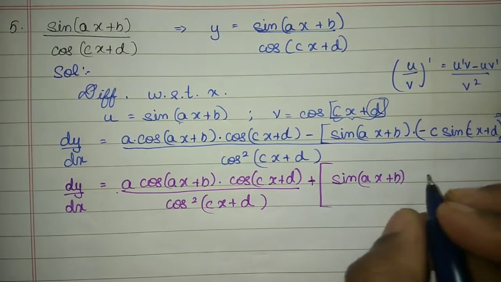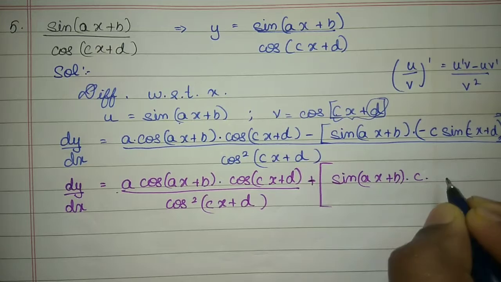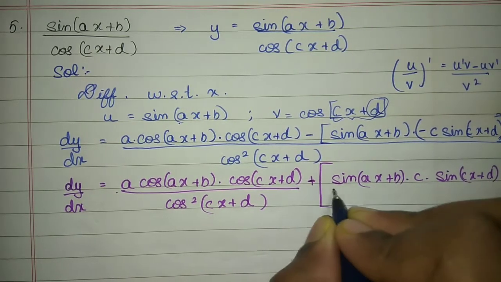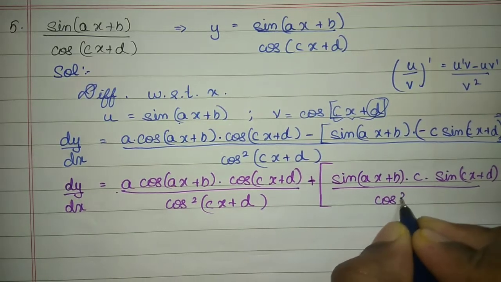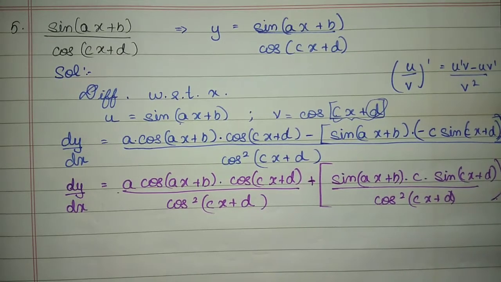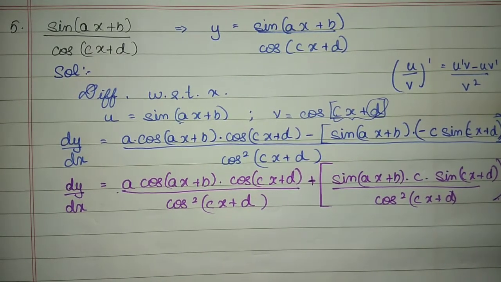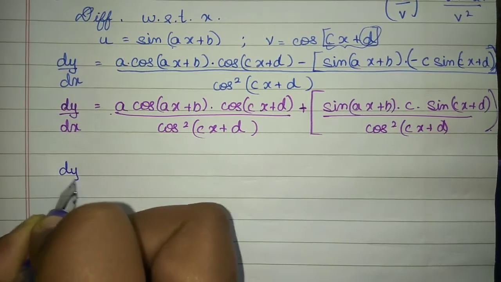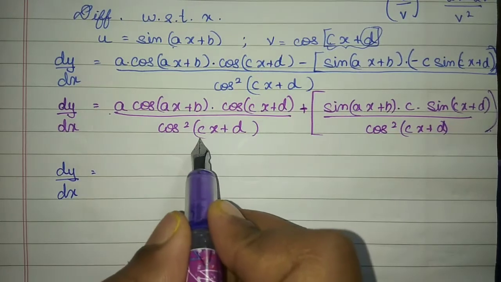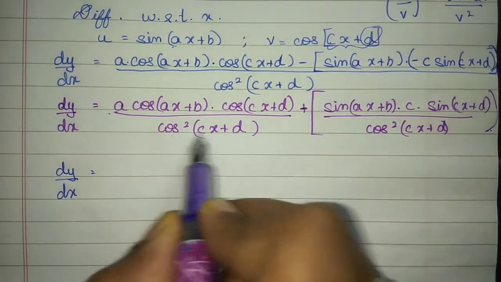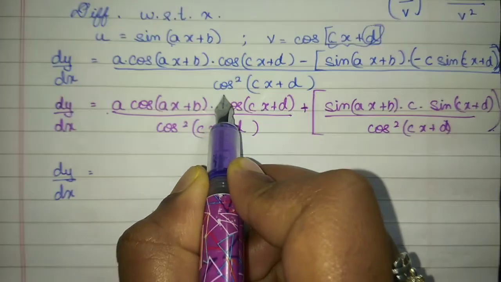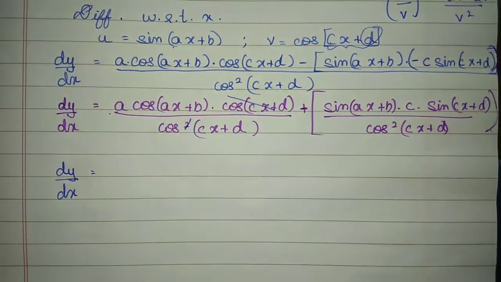So plus c into sin cx plus d, the whole divided by cos square cx plus d. So now what I should do, dy by dx is equal to, can I cancel any term here? Cos cx plus d is here, cos cx plus d is here. So I can just cancel this term and this power.